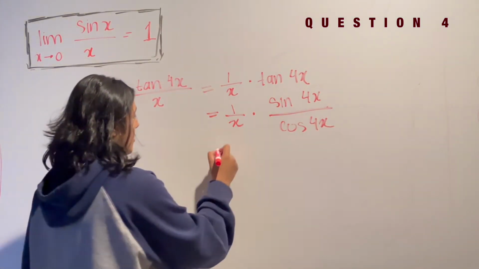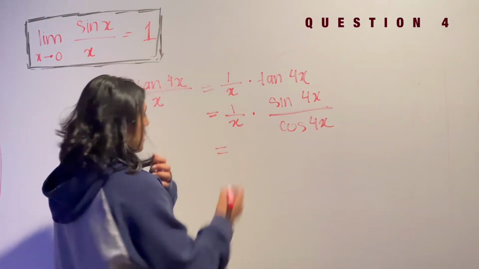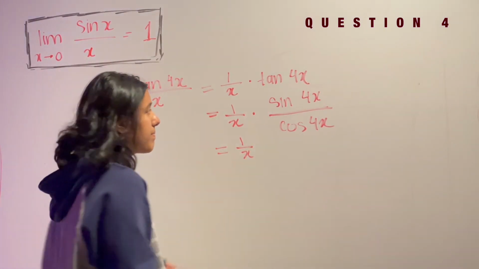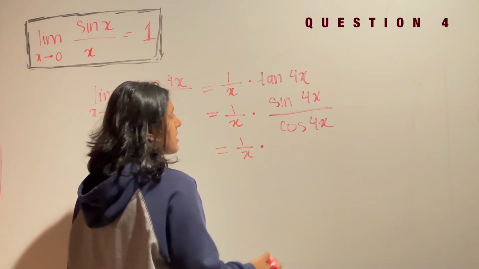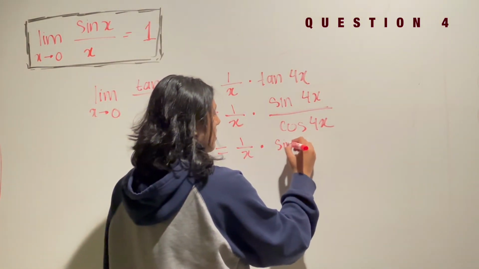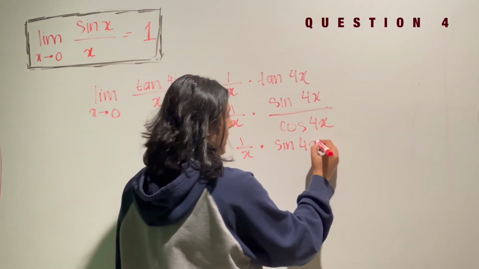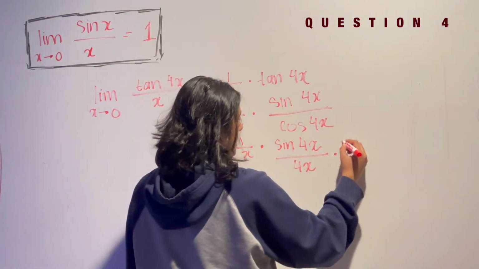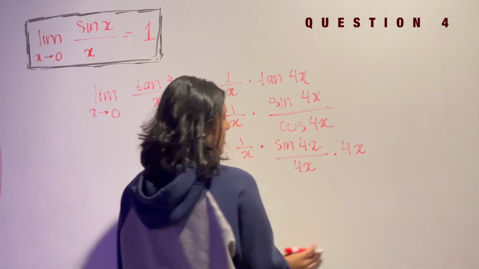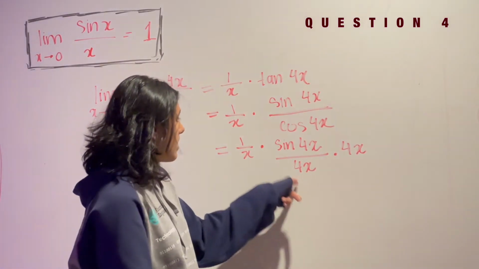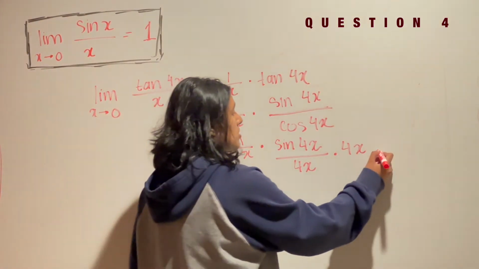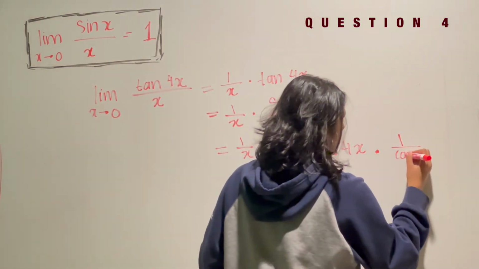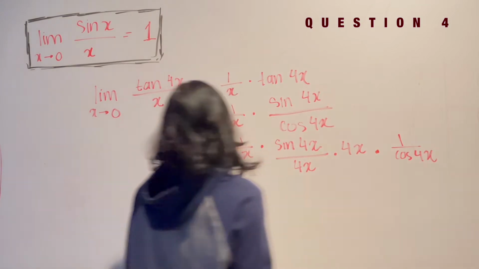So now we can keep the 1 over x the same. And now you could do sine 4x over 4x times 4x, because this and this will cancel out, then we get sine 4x. And of course, we can't forget about the cos 4x, so we do 1 over cos 4x.